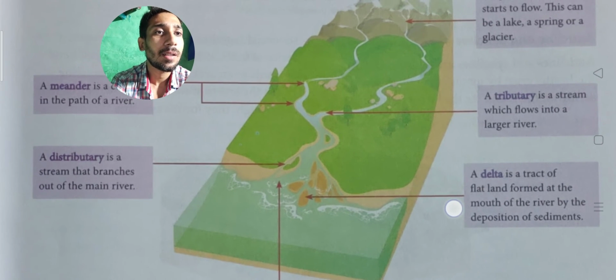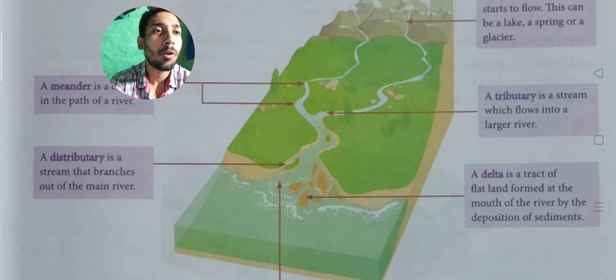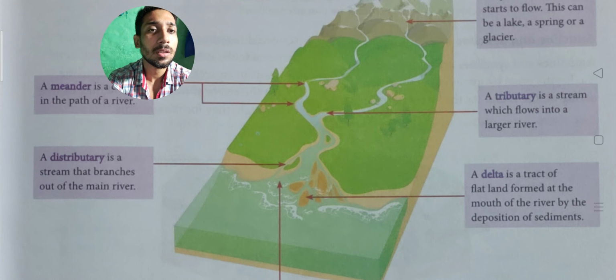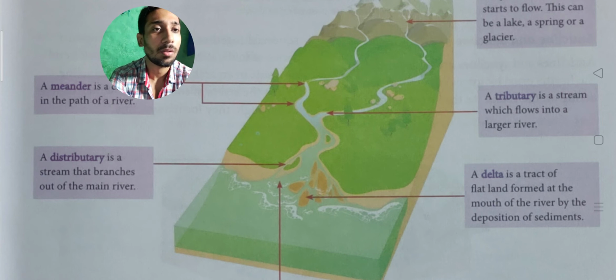Thereafter a delta. A delta is a tract of flat land formed at the mouth of the river by the deposition of sediments. Means as we know, a river takes a lot of soil and sand along with it, and which forms what? A delta, by using that deposition which has been carried by the river.